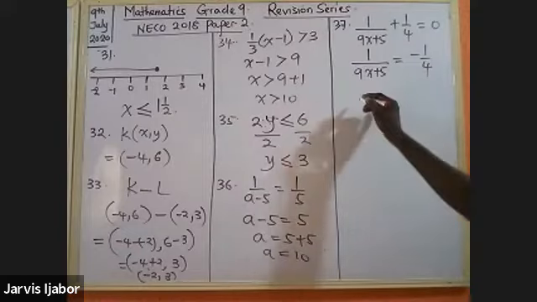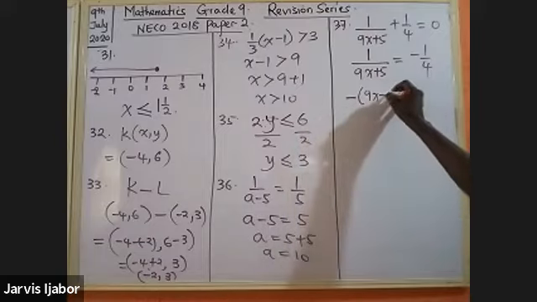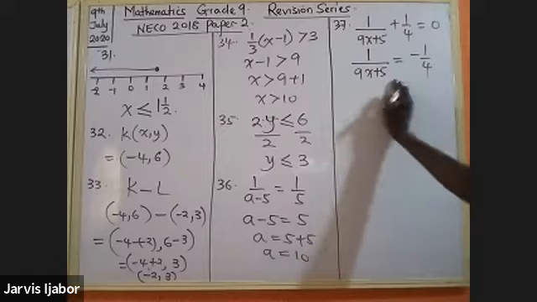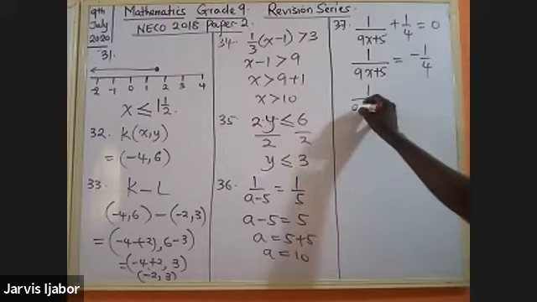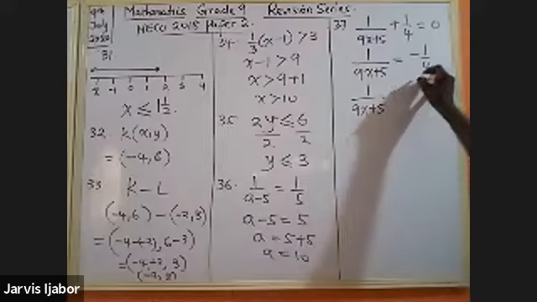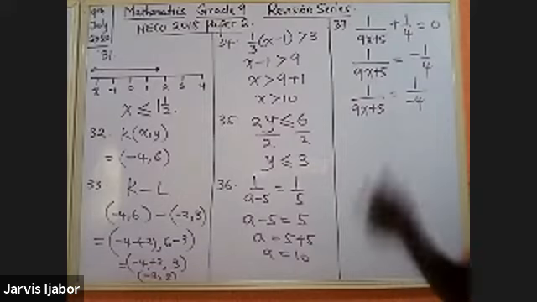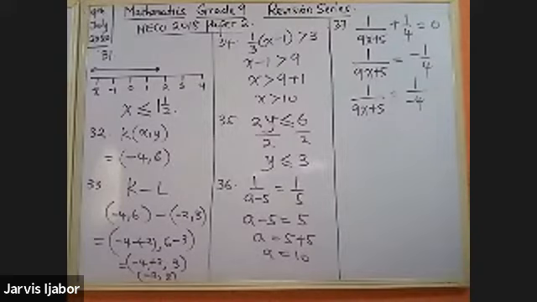So at this point, you now have that 1/(9x plus 5) equal to 1/-4. I hope you know that 1 divided by -4 is the same as -1/4. The answers will still be the same. Anyhow you do it, you get the same answer.